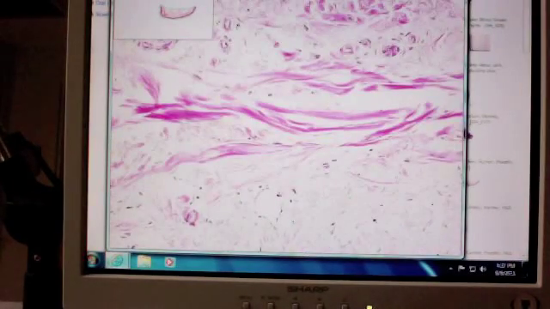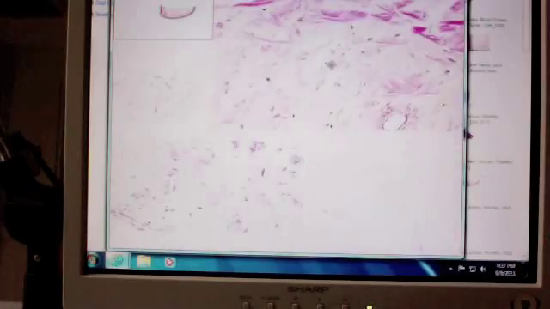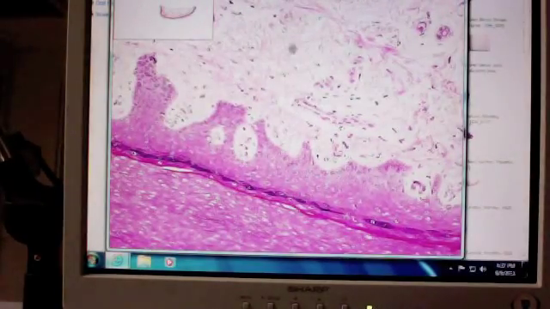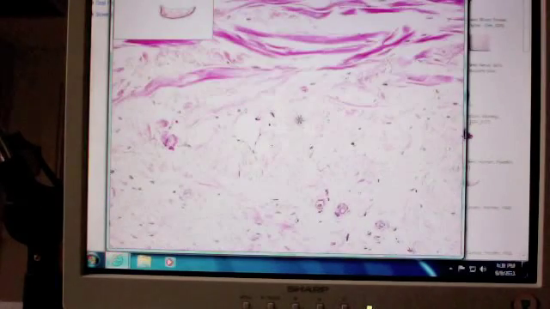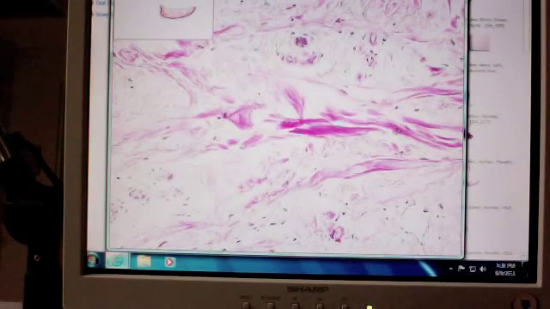But look at this. Thick collagen fibers, a few fibroblasts in them, not many cells here. Going down to this tissue at the surface here, look at this, lots and lots of cells. Look at the size of these little fibers relative to the size of the cells. Go back up here. Big fibers, few cells. These fibers are not oriented all in the same direction, they're kind of all over the place.